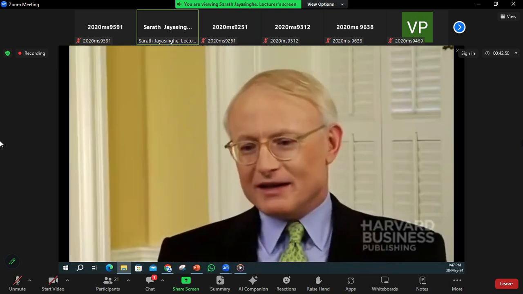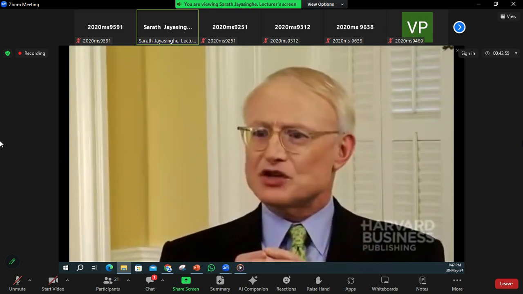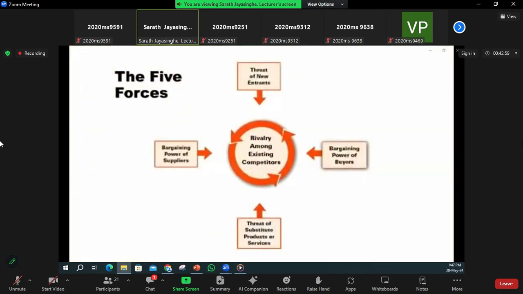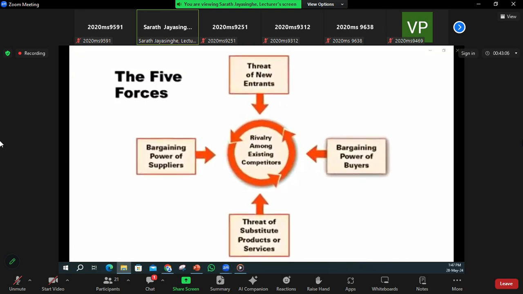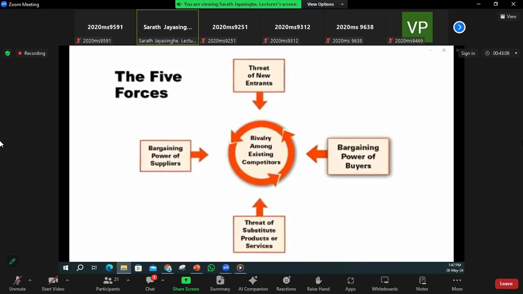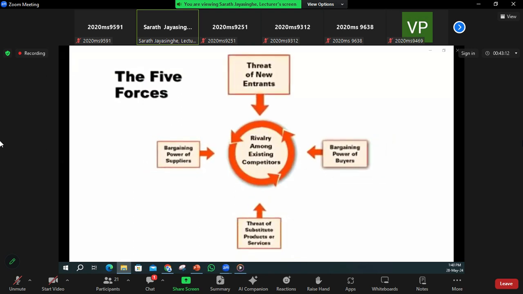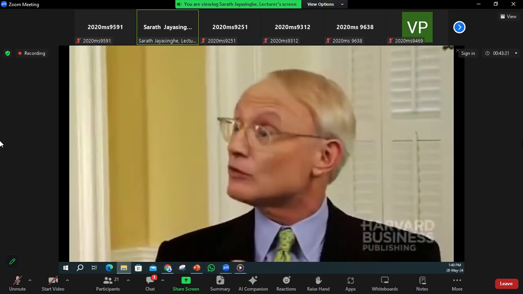Well, Tom, the basic idea of the competitive forces starts with the notion that competition is often looked at too narrowly by managers. And the 5 forces say that, yes, you're competing with your direct competitors, but you're also in a fight for profits with a broader, extended set of competitors: customers, who have bargaining power, suppliers who can have bargaining power, new entrants who might come in and grab a piece of the action, and substitute products or services that essentially place a constraint or a cap on your profitability and growth.